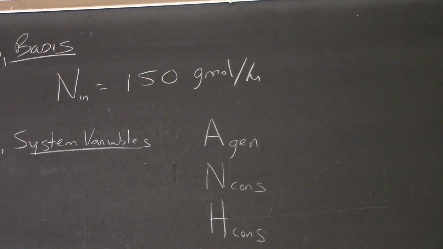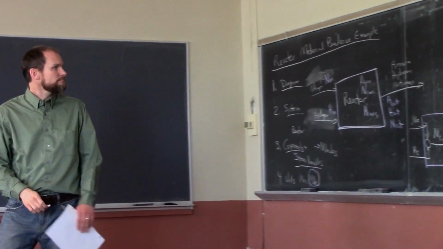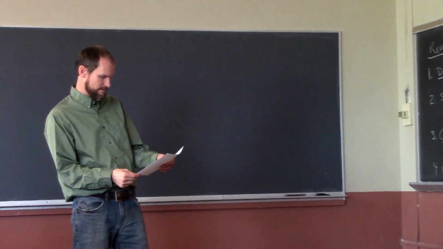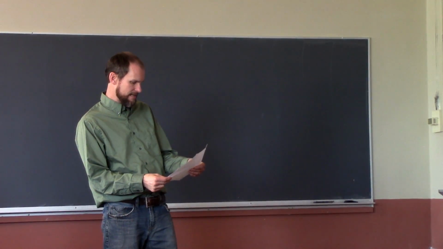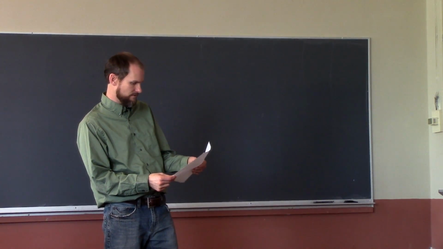A lot of times I'll put this on my diagram too. So in the reactor I've got ammonia generated, nitrogen consumed, and hydrogen consumed. Okay. If the system is not at steady state, define accumulation. Is it at steady state? Yes. Okay, they told us that. Great.